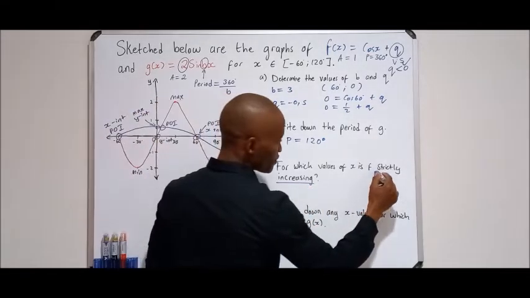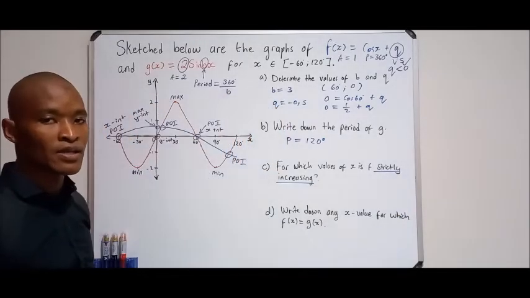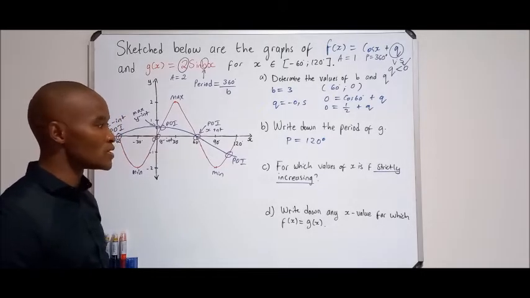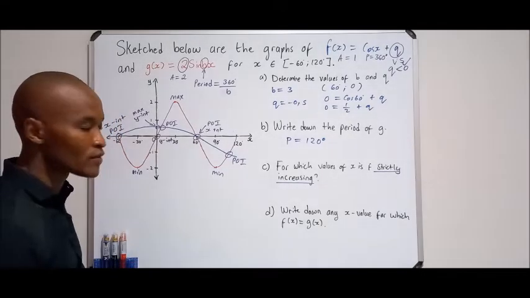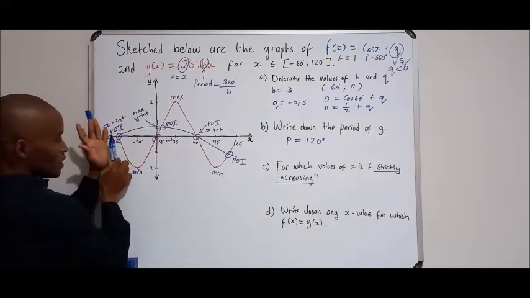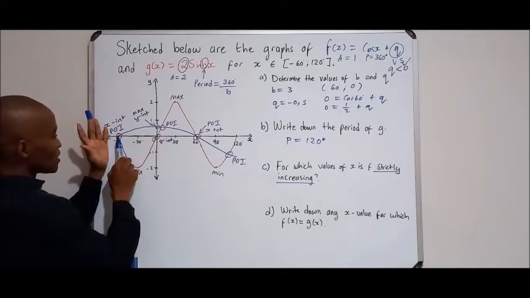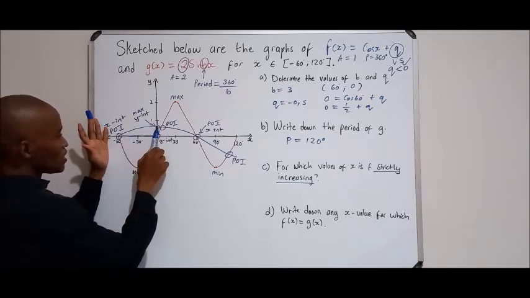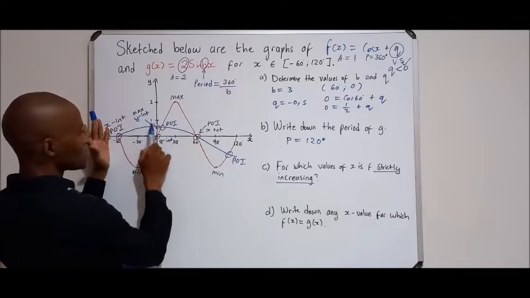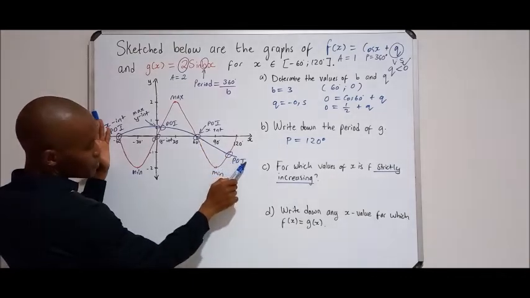C, for which values of x is f strictly increasing? Strictly increasing, we don't want to cover points where it is not increasing, where it is even decreasing. So let us observe the progression of f from left to right. You can see from negative 60 to 0 it's increasing, and by symmetry after the maximum it starts to decrease and continues to decrease.